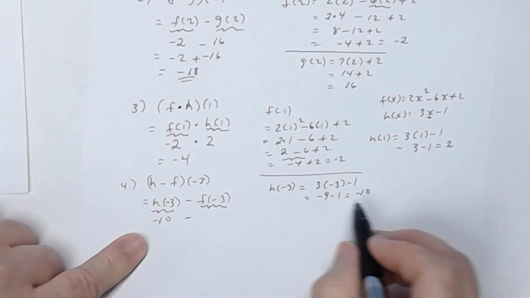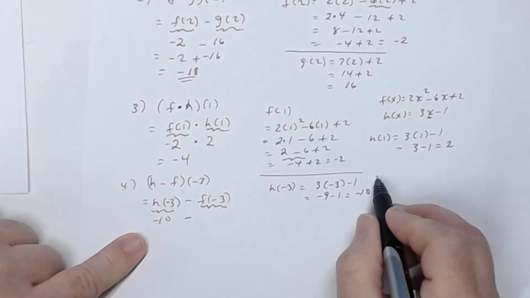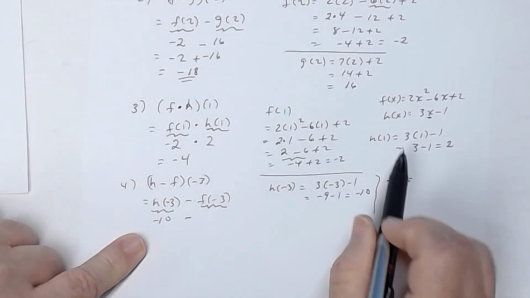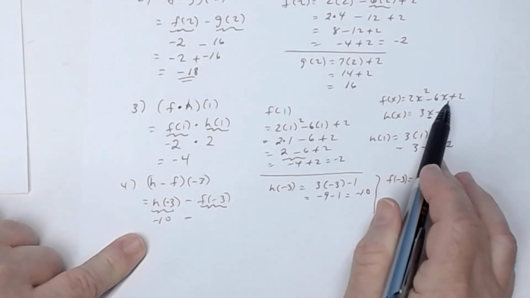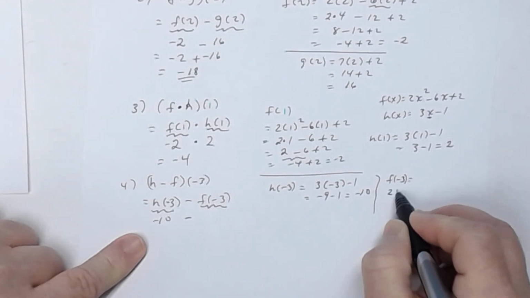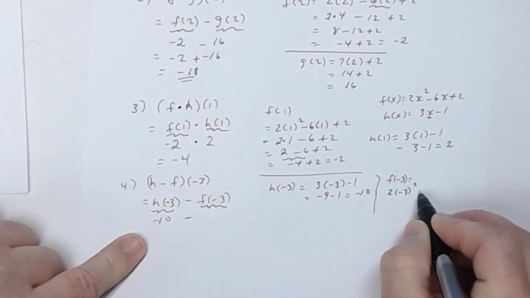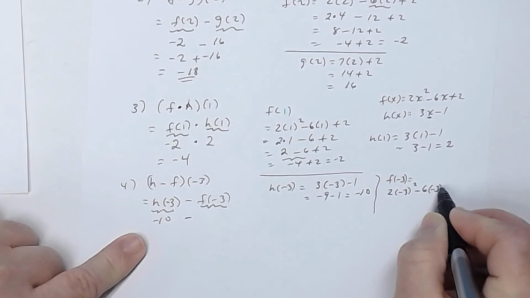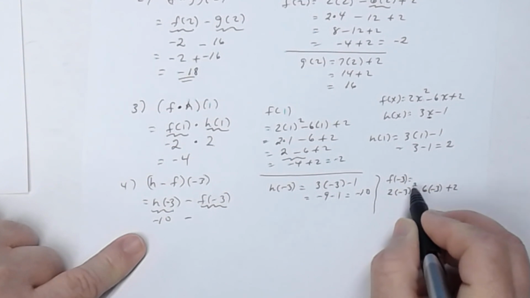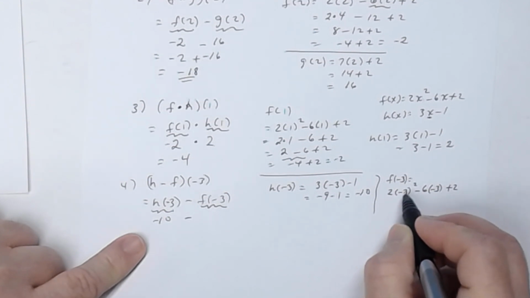And then f of negative 3, let me go ahead and do that here. I'm going to go to my function f, and where we see the variable x, I'm going to substitute negative 3. So this becomes 2 times negative 3 squared minus 6 times negative 3 plus 2. Remember, order of operations, so you have to do exponents before you multiply. Negative 3 squared means negative 3 times itself, so that's 9.